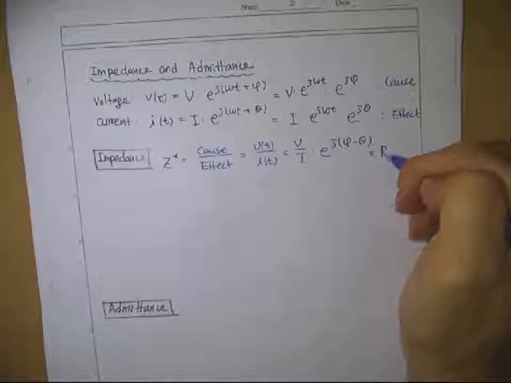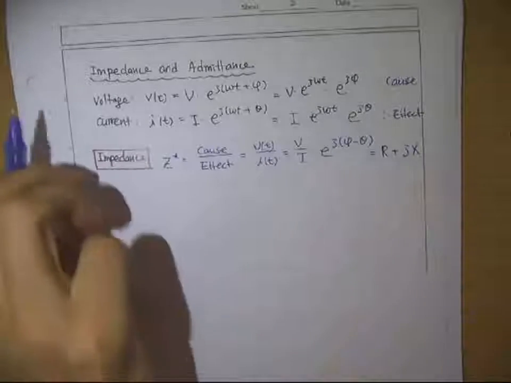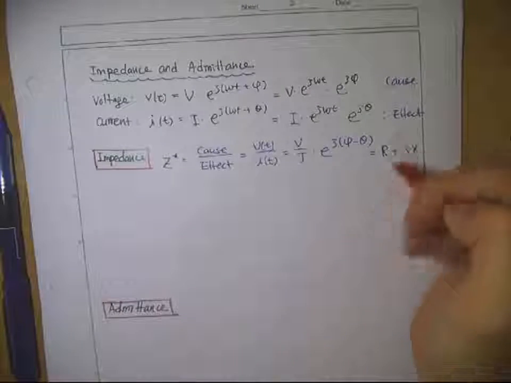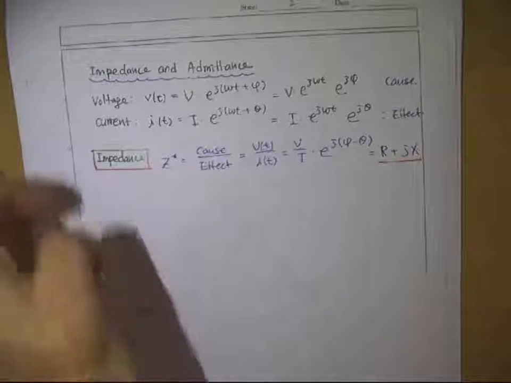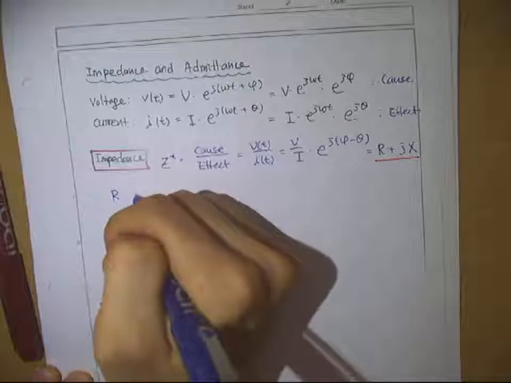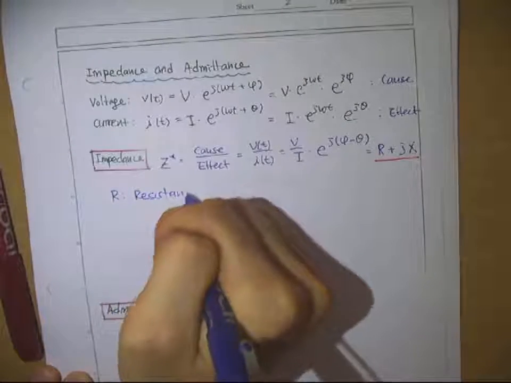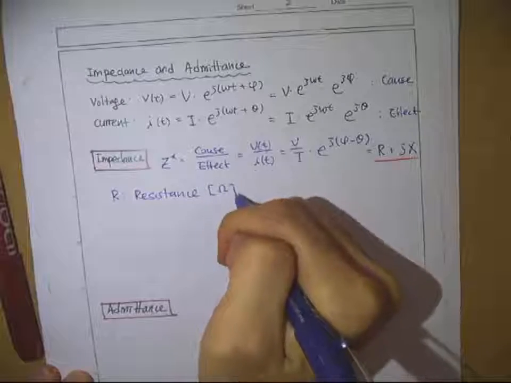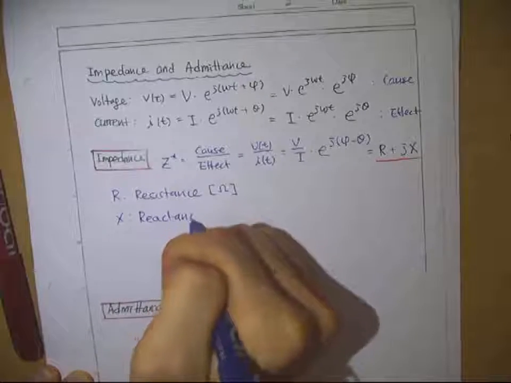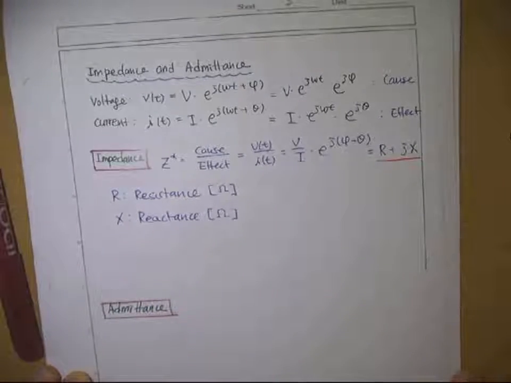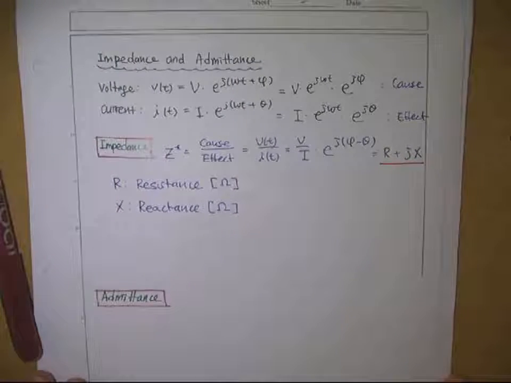And this Euler form can be expressed as a complex number. So you have R plus jX. So you can express the impedance in the form of a complex number with the real value R and the imaginary value X. Here R is called resistance, and the unit is ohm, and X is called the reactance, and the unit is also the same as the resistance.